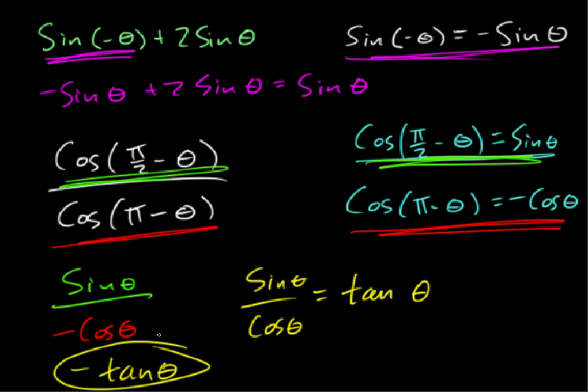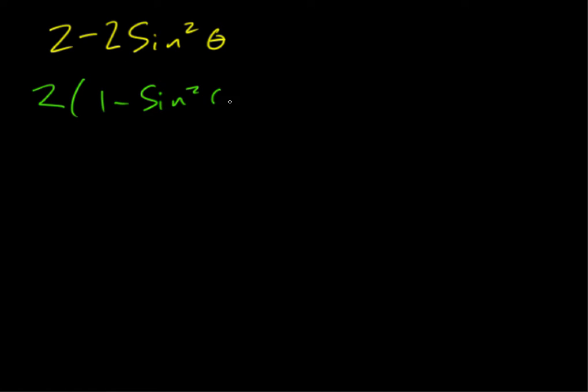Now, we're going to keep moving on using some of these relationships. So we have negative 2 minus 2 sine squared theta. Alright, so for this one, what we're going to do first, we're going to factor out a 2, and then we're going to look for this relationship.